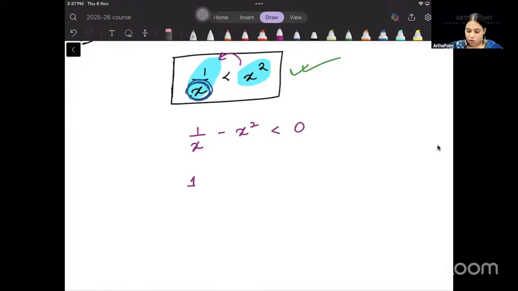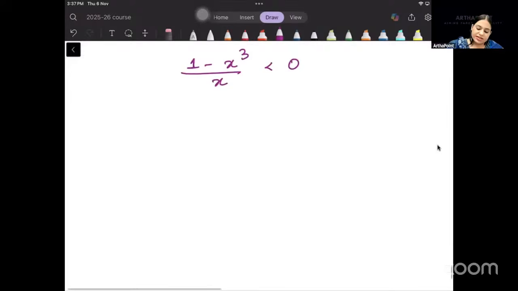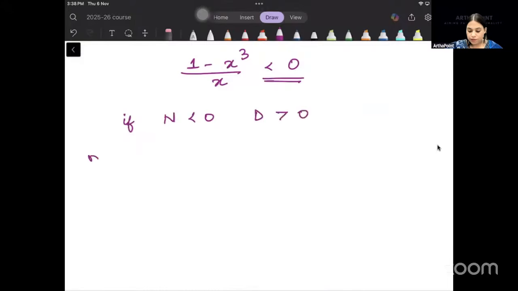So I will get 1 minus x cube by x less than 0. Now this has become a fraction, numerator by denominator form. And this is negative if numerator is negative, denominator is positive, or numerator is positive and denominator is negative.